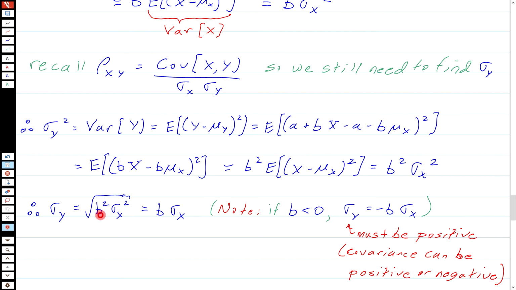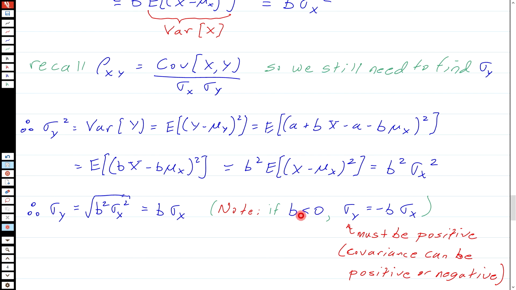Okay, so that means the standard deviation of y is the square root of b squared sigma x squared, which is b times sigma x. Note, if b is less than 0, then sigma y is equal to minus b sigma x. When we take this square root here, there are two solutions that lead to b squared sigma x squared, and that is plus or minus b.